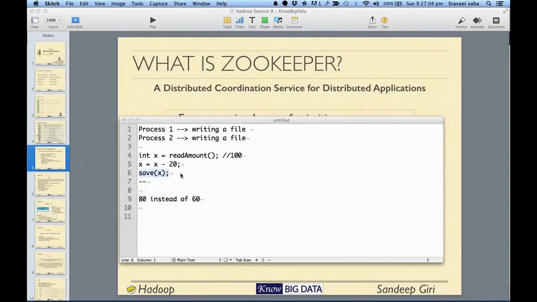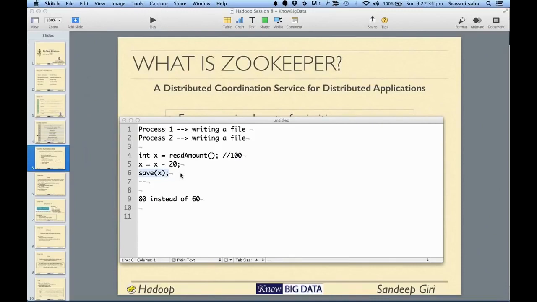So a race condition is when two parallel threads can corrupt the data, or two parallel processes can corrupt the data. Race condition is probably one of the biggest security threats, and it's very difficult to solve such a security threat.